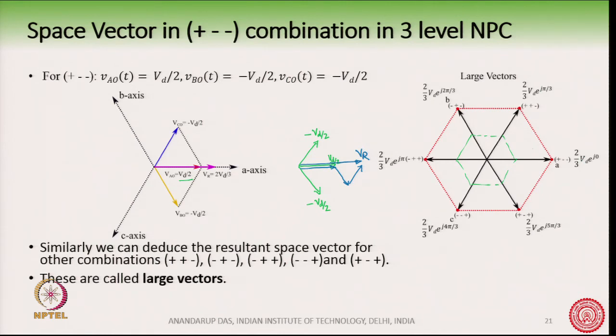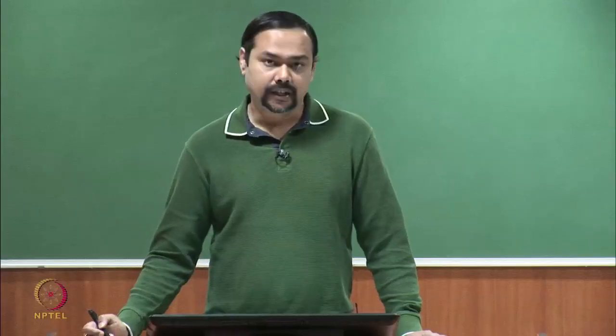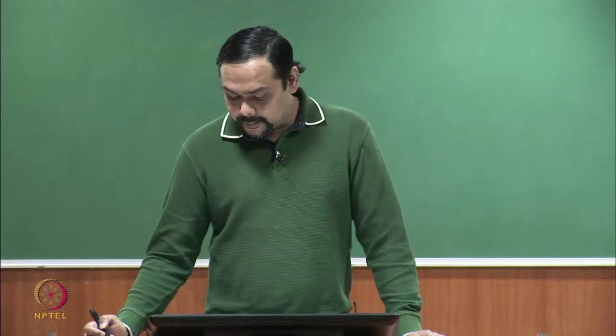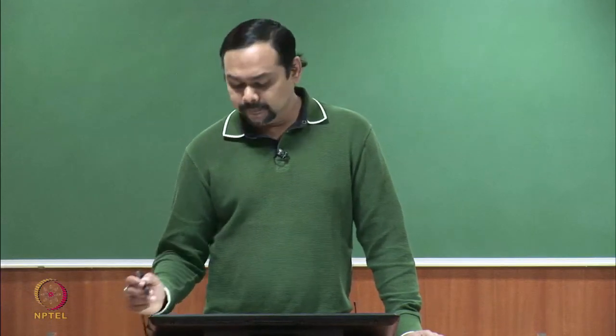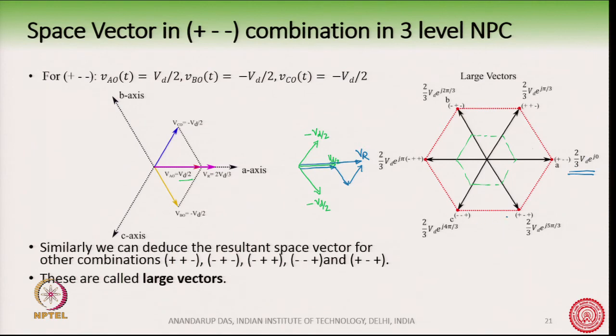When you do the multiplication, the magnitude of Vr is 2/3 Vd, of course at 0 degree, 60 degree, 120 degree, 180 degree, 240 degree and 300 degrees. Okay. So, these are called the large vectors, and these vectors form the boundary of the outer hexagon.